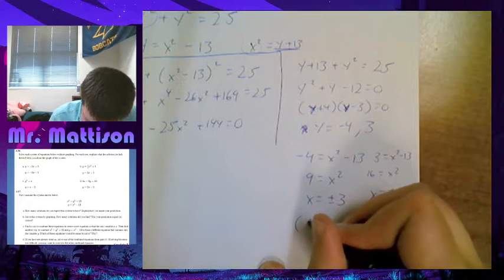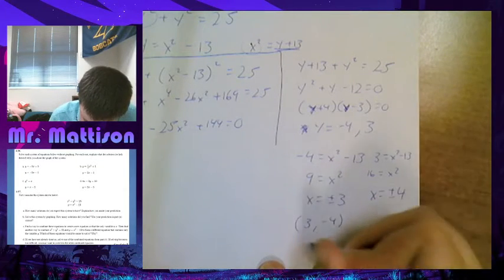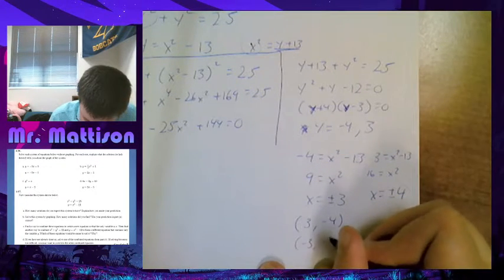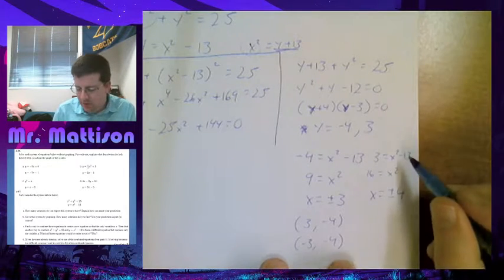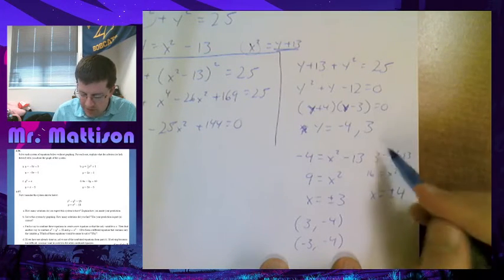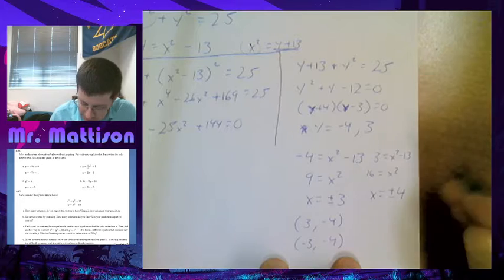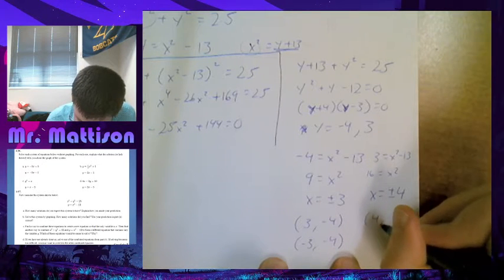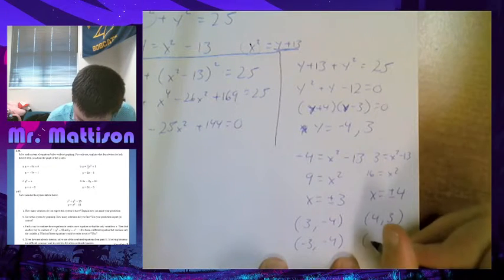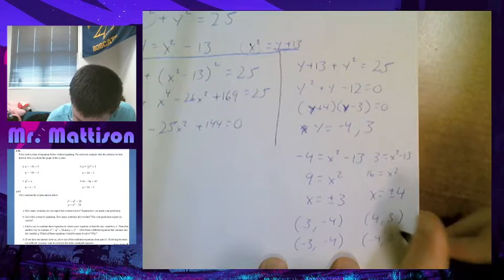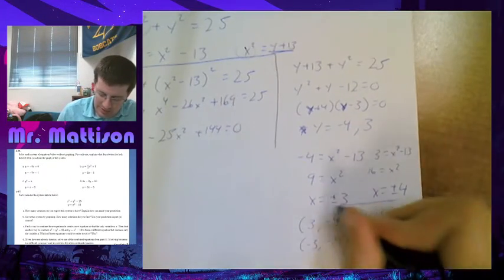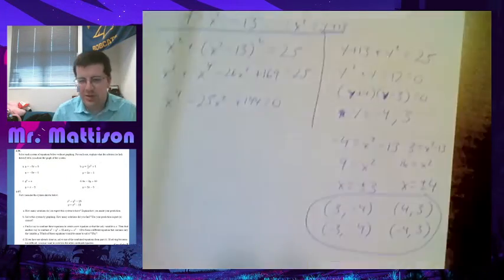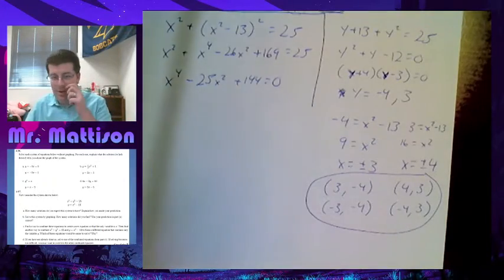So that is the points (3, negative 4) and (negative 3, negative 4). Over here, when y was 3, I got x is 4 and negative 4. So that'd be the points (4, 3) and (negative 4, 3). And those would be my 4 solutions to that particular problem.